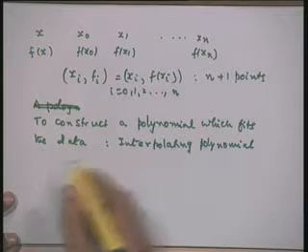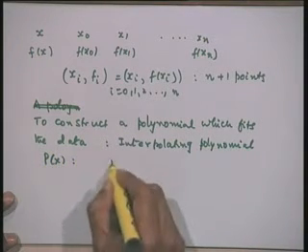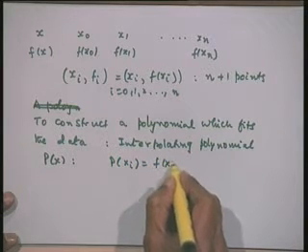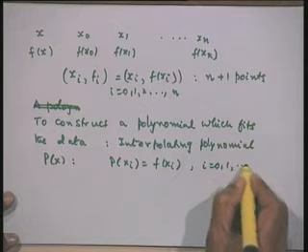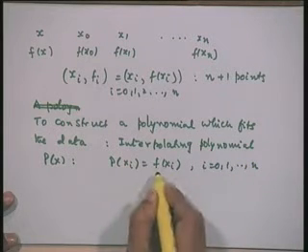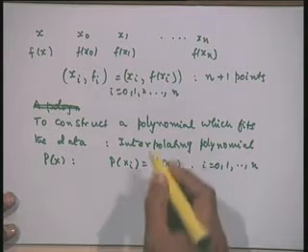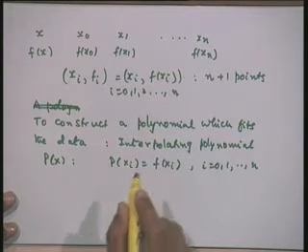That means, if the polynomial is say p(x), then p at x_i will be equal to f at x_i. This is what we mean by fitting a polynomial to the given data at n plus 1 points. If I substitute x equal to x_i, I would get back my value of f(x_i). So, it exactly fits the given data.